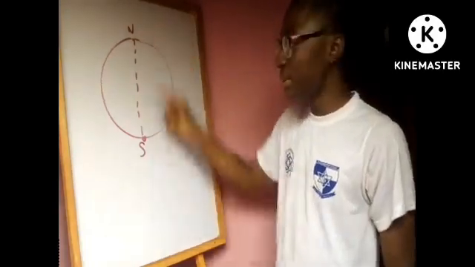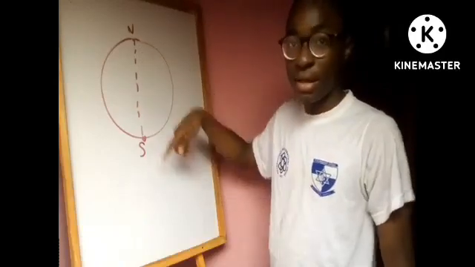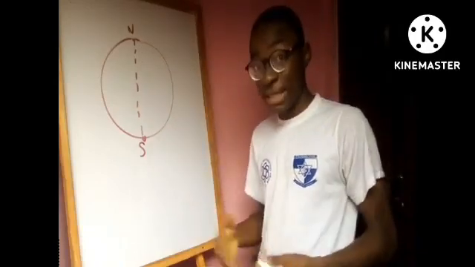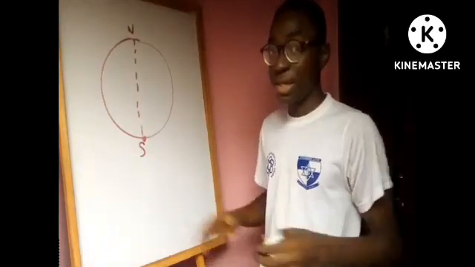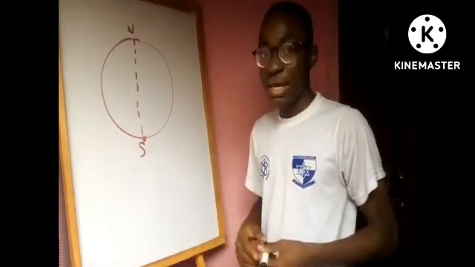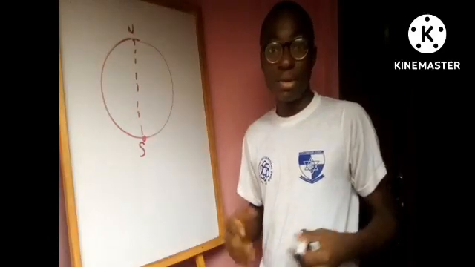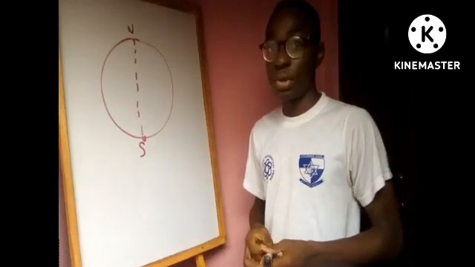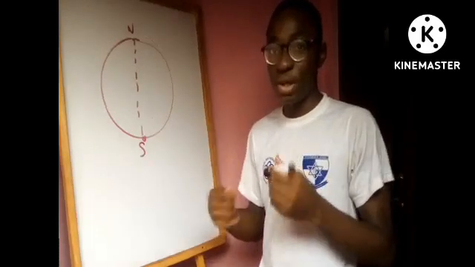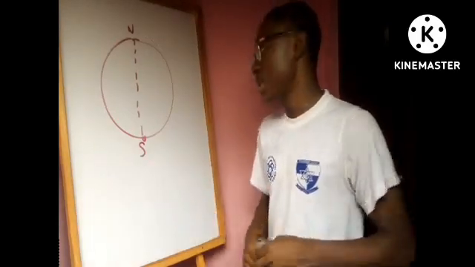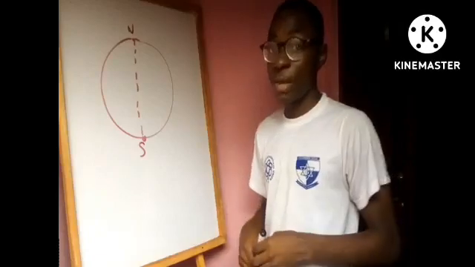This dotted line I drew is the Greenwich Meridian. Let me add that all these lines are actually imaginary. They don't exist, but they are used to benchmark and to provide a reference for knowing the positions and distances between points on the Earth's surface. That's just in case you are wondering where they came from.